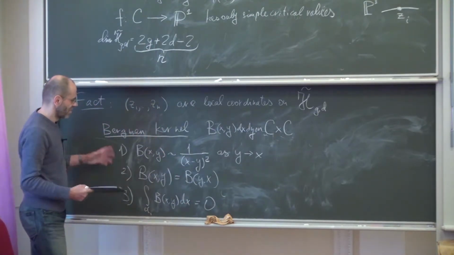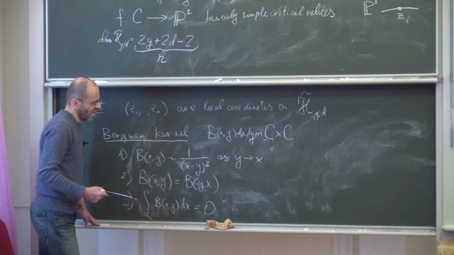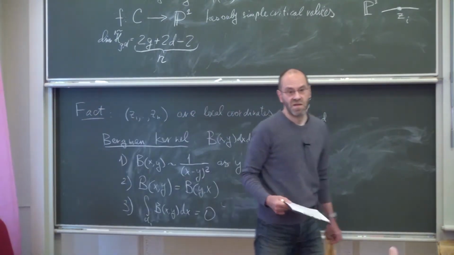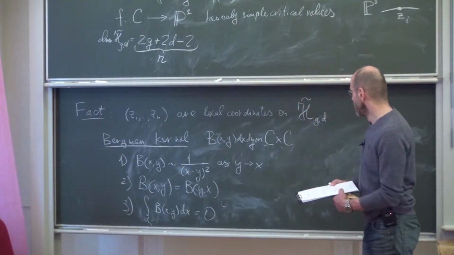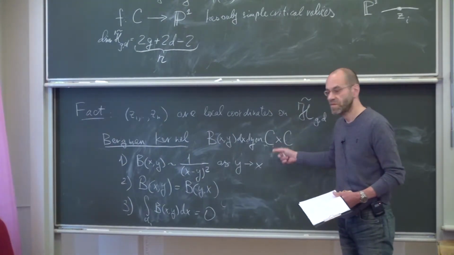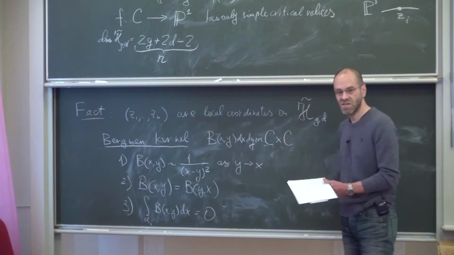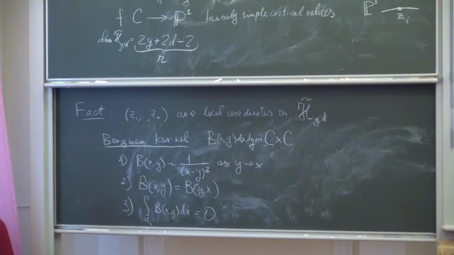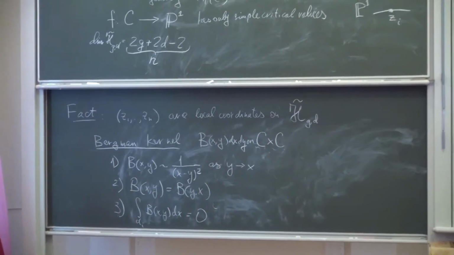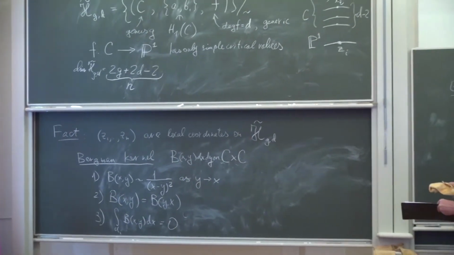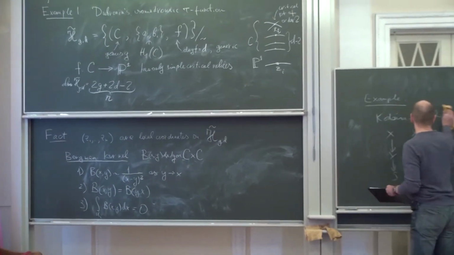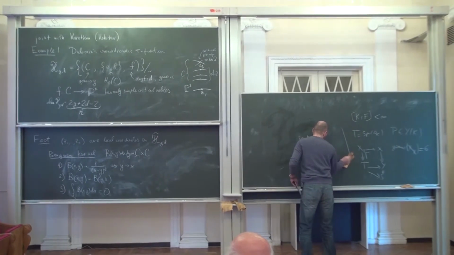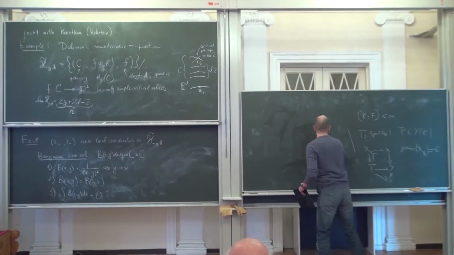So these three properties characterize this bidifferential uniquely. And it's holomorphic in x and y away from the diagonal. The only singularities are on the diagonal, singularities of the second order. It's complex analytic, holomorphic, not real analytic.